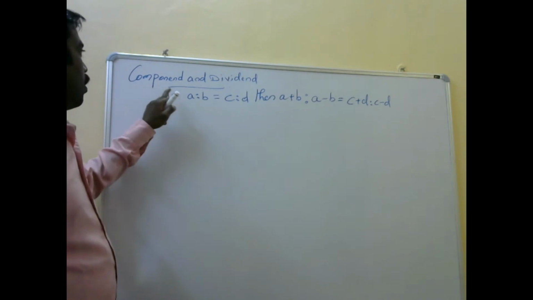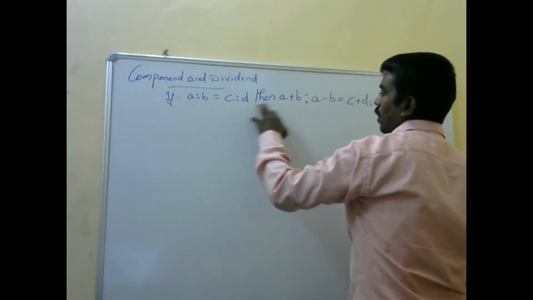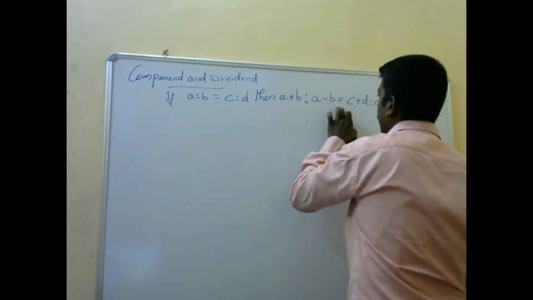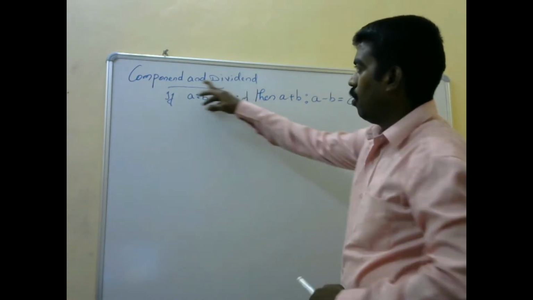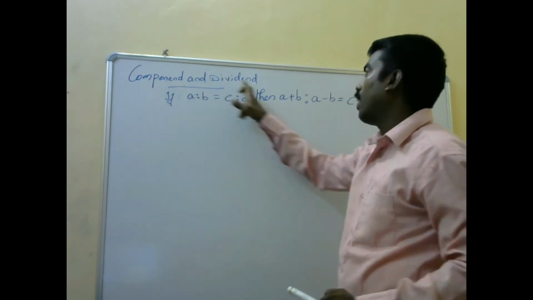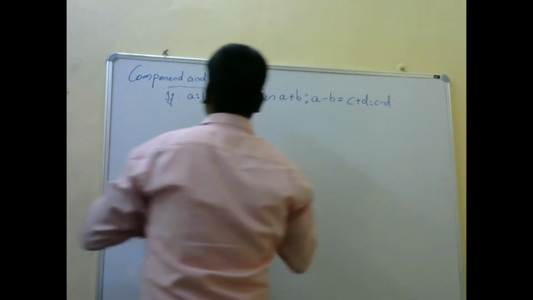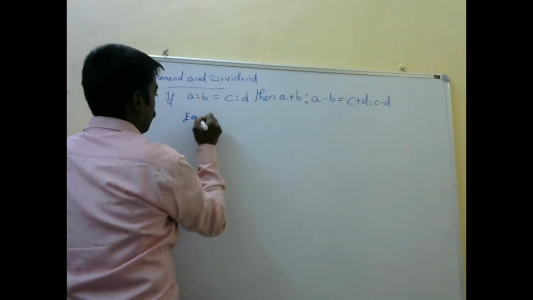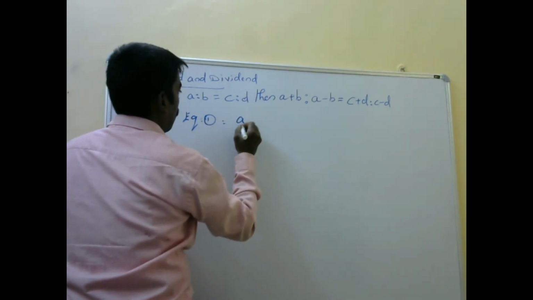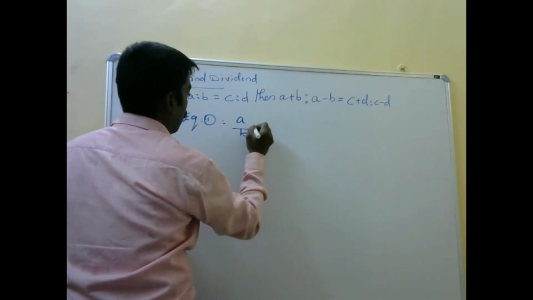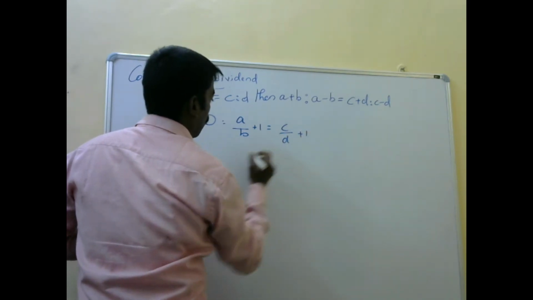In this property, componendo and dividendo, we want to find: if A is to B is equal to C is to D, then A plus B is to A minus B is equal to C plus D is to C minus D. So we are going to do componendo and dividendo. What is componendo? Plus 1, and dividendo is minus 1. So we want to get the first equation, equation number 1: A by B plus 1, C by D plus 1. What you will do?